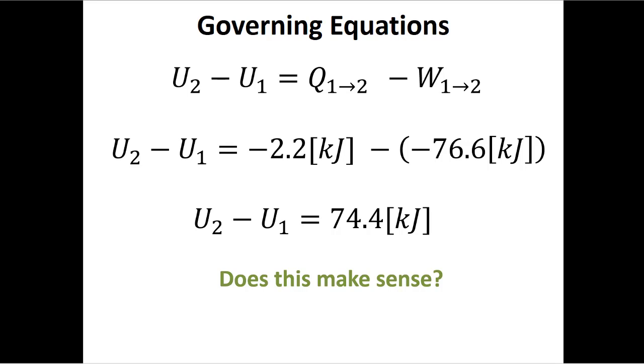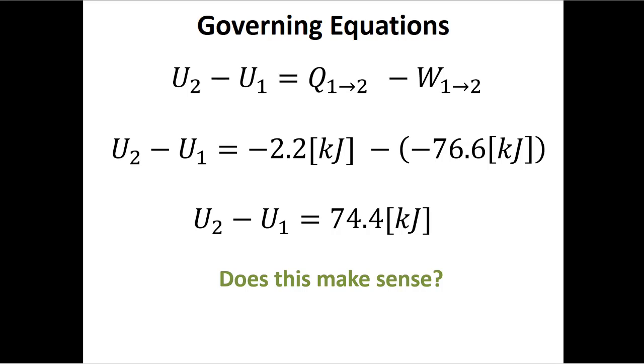So the heat transfer is negative. So my system is losing energy because it's losing heat. But it's also gaining energy because we're compressing our system. So the energy that the system is gaining from the work is much larger than the energy term of the heat loss here, right? So it's kind of the work that dominates this problem.